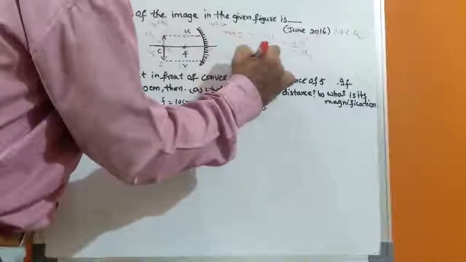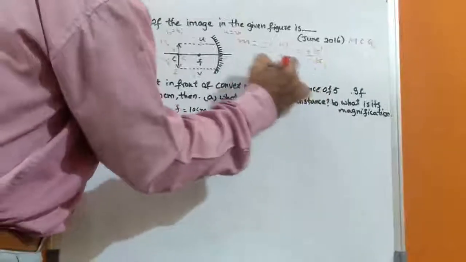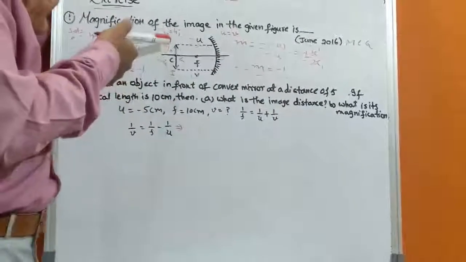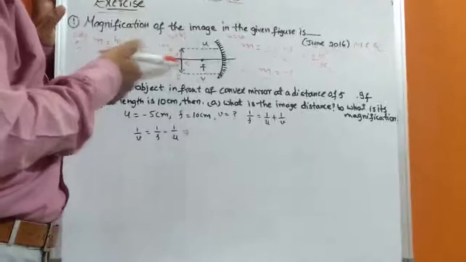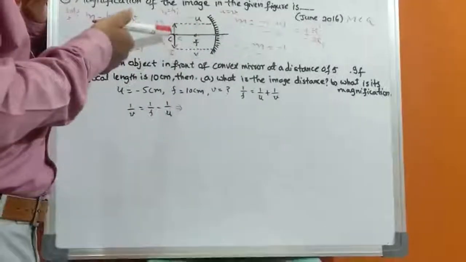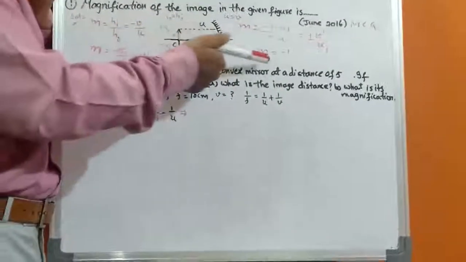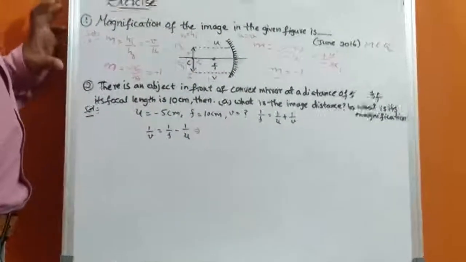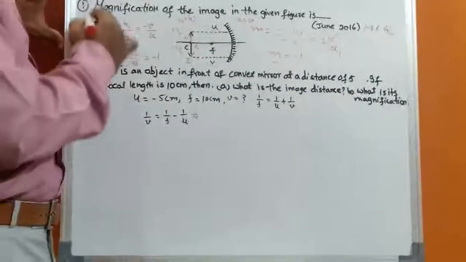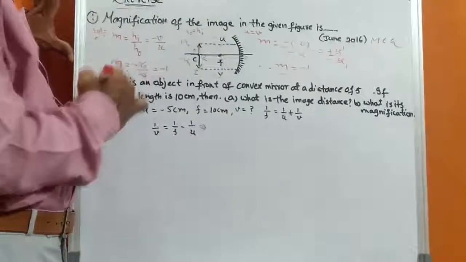Therefore M equals minus 1. So for concave mirrors, the magnification in this situation is minus 1. Like these questions we have to see.